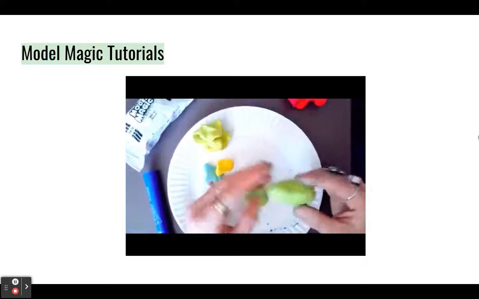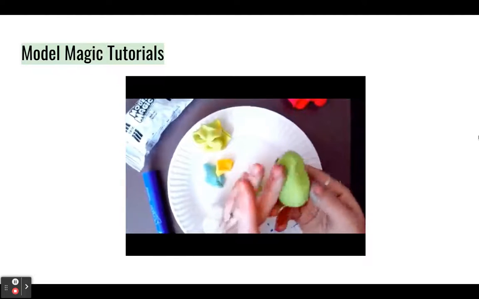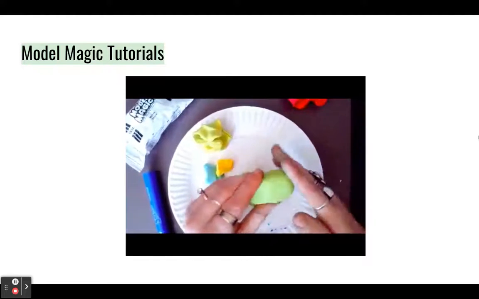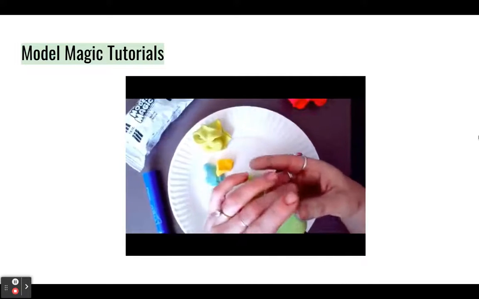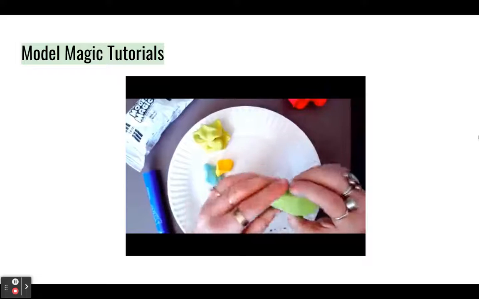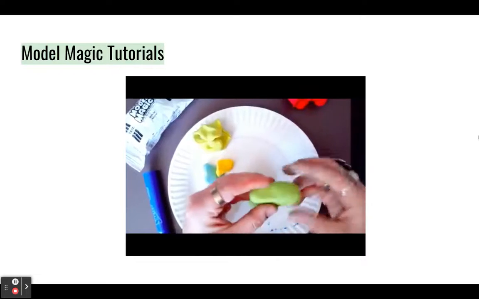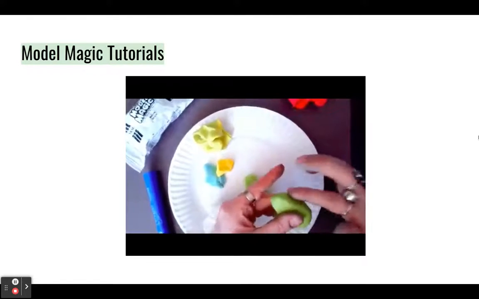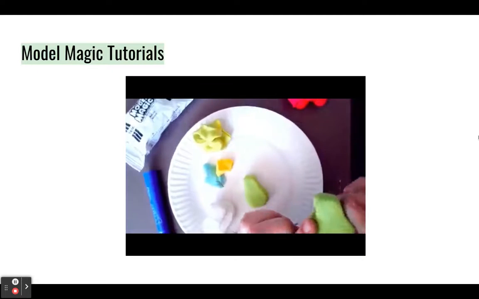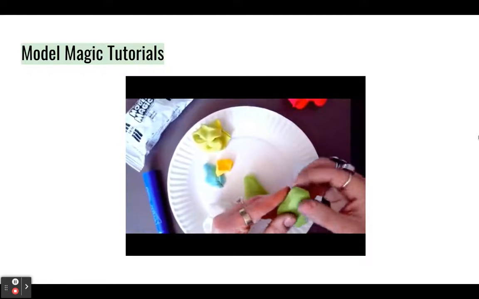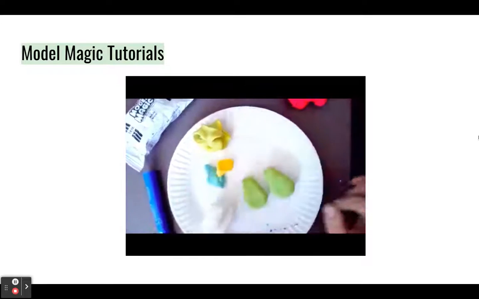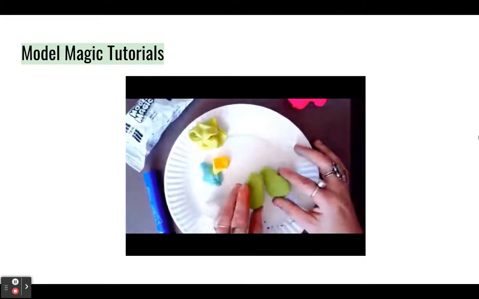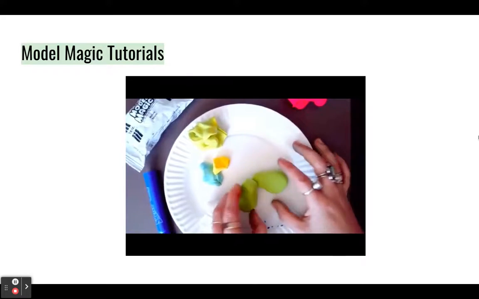Also flattening them a little bit. I'll add more curvature in the back at a later point, but I just wanted to show you some basic techniques. Okay. All right, so this is looking cute.